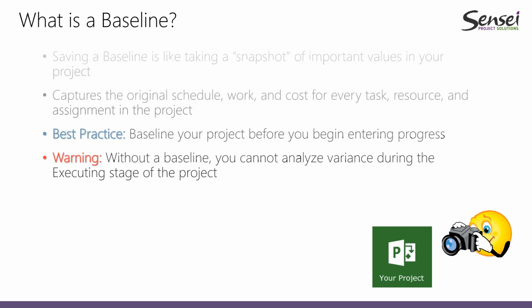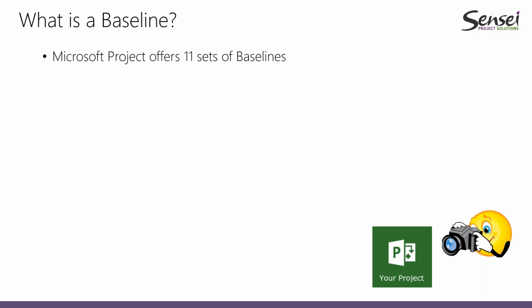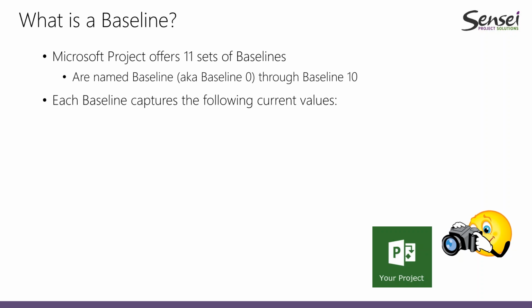One more important piece of information about the baseline: when we are using Microsoft Project, the software offers by default 11 sets of baselines, named from 0 to 10. So we have baseline 0, and then baseline 1, 2, 3, until 10. Each baseline captures the following information.